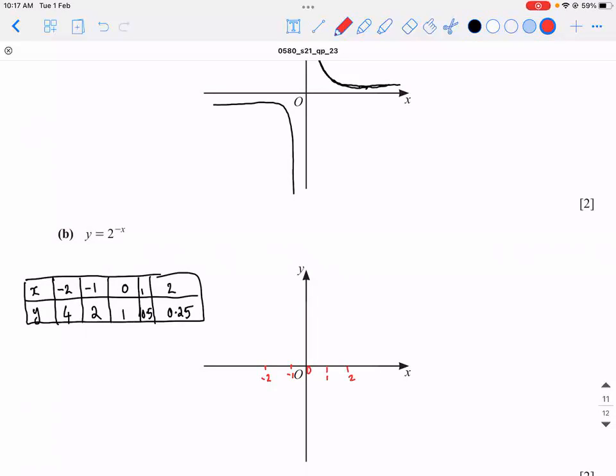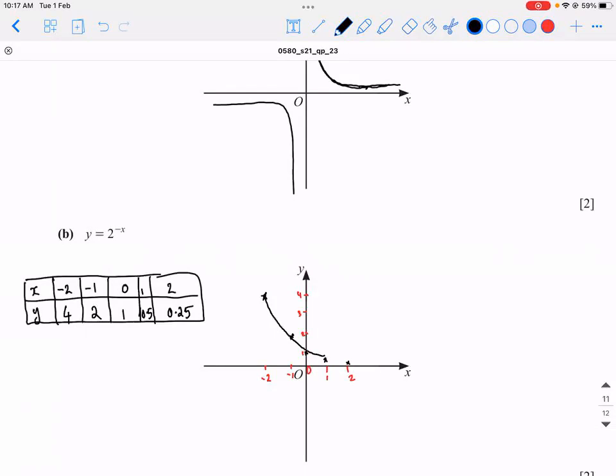And how does the graph look? 1, 2, 3, and 4. It is always above the x-axis. 2 to the power of -2 is positive 4. This is 2. This is 1. 0.5. 0.25.